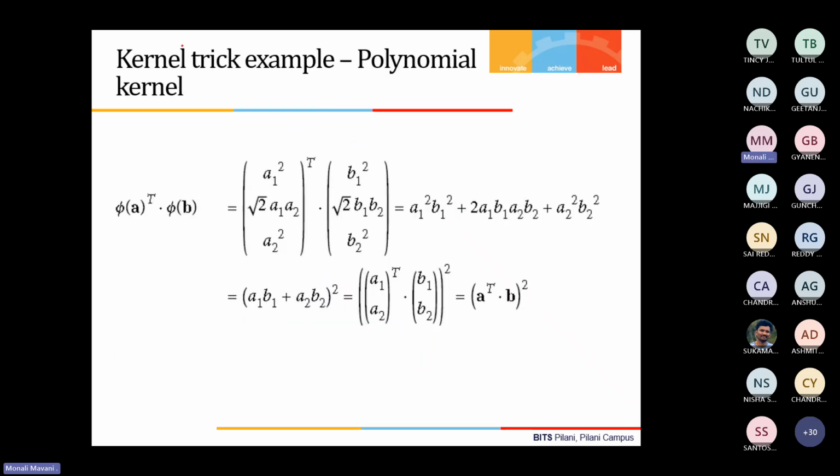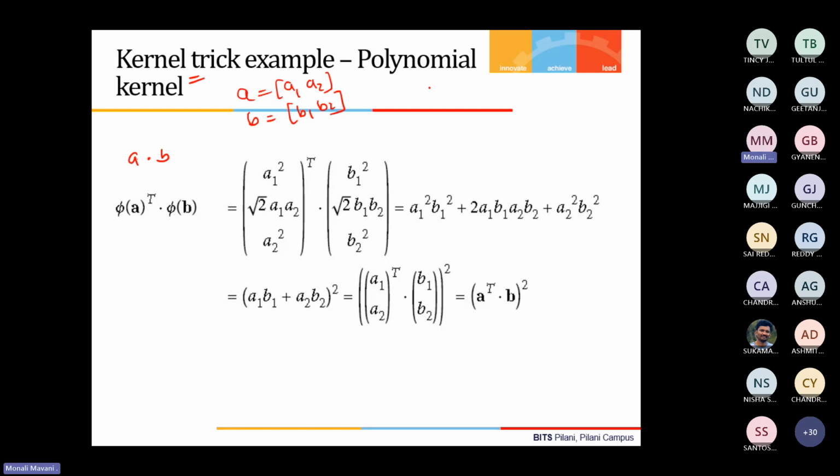First, let's see how this kernel trick ensures that we are actually performing a dot product in the high dimensional space. Originally we have two vectors, A having features A1 and A2, and B having features B1 and B2.